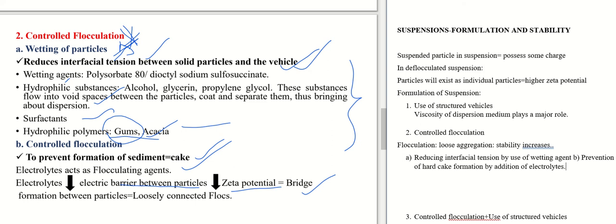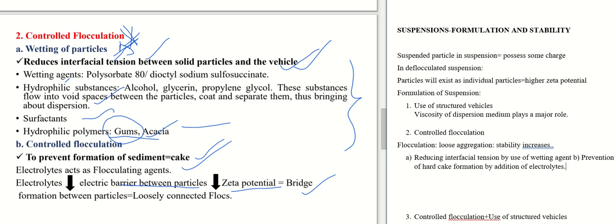So this method is said to be a more stable strategy by which we can improve the stability, because in this method we can decrease the interfacial tension and at the same time prevent hard cake formation.